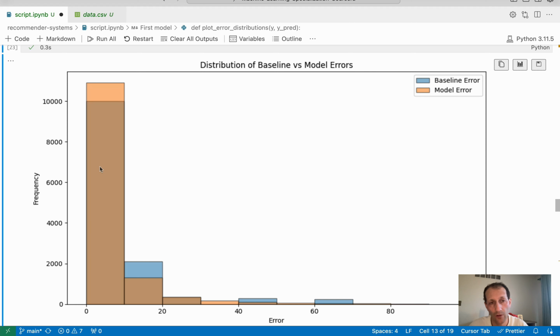You can see the model errors are primarily around 0, and it just drops off way below the error rates of the baseline model. So it is working.